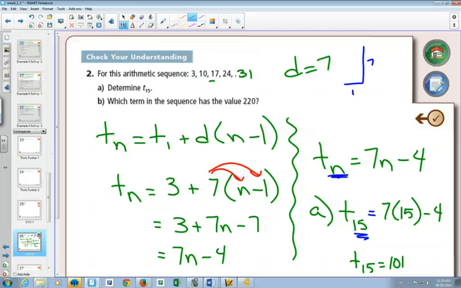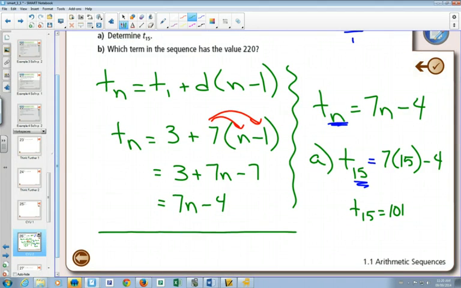Now in part B, they're telling us that there is some term in the sequence that has a value of 220. We don't know which term that is. So we can say there's some term, term n, I don't know which one it is, that's equal to 220.